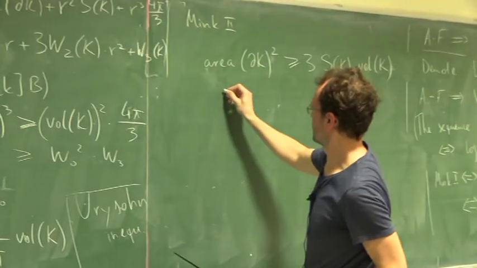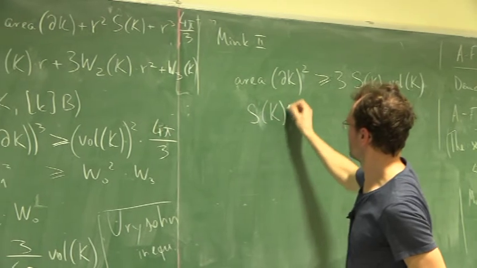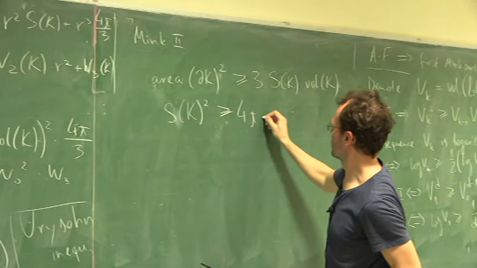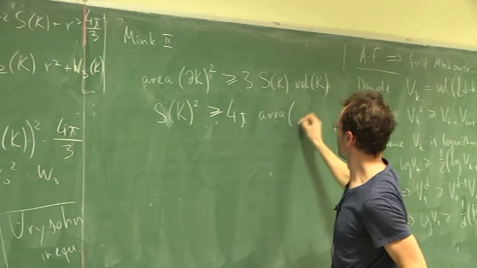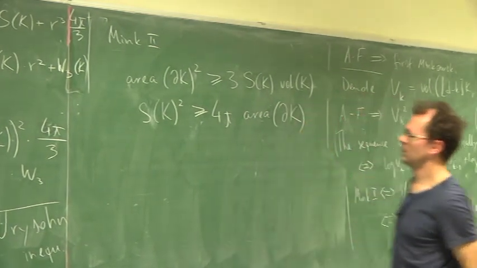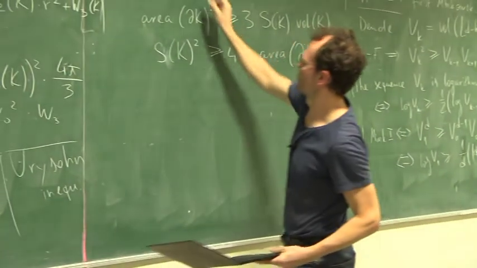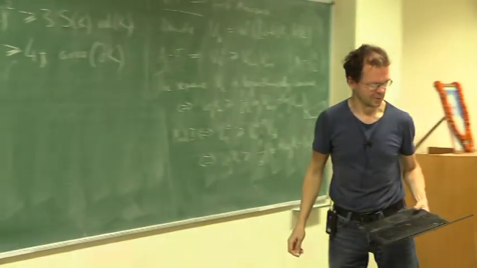Another inequality is S of K squared is bigger or equal than 4 pi times the area of the boundary. So from the second Minkowski inequality, one can derive these two inequalities.